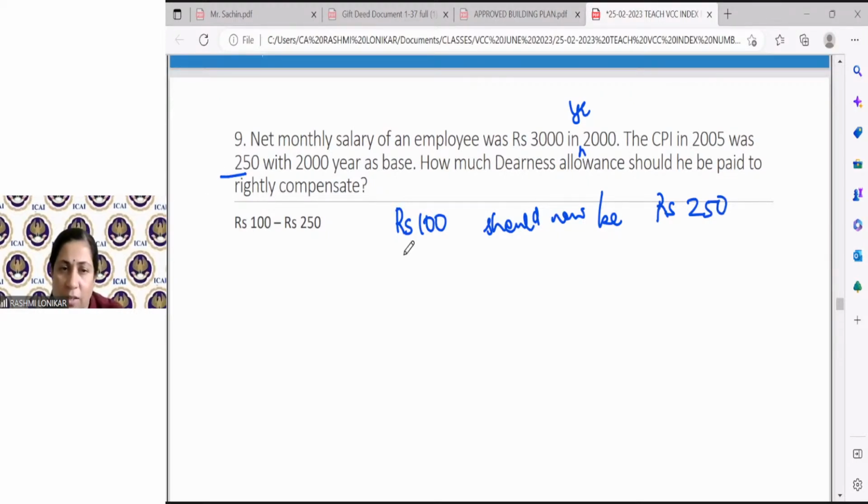So now your salary is rupees 3000. So what should it be? Should now become 250 upon 100 into 3000. Simple unitary method. 250 into 3000 upon 100. This is equal to rupees 7500.